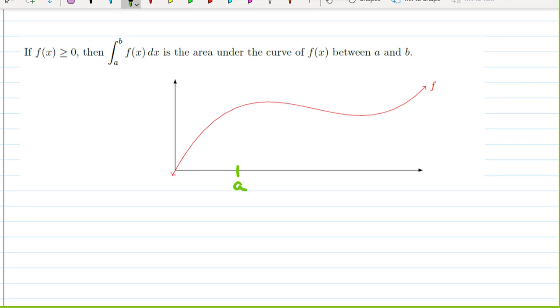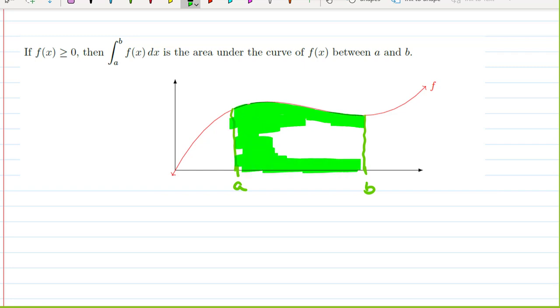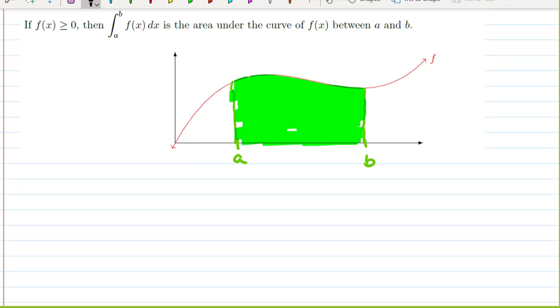So if I have a and I have b, the integral is this area beneath the curve. So this area is the definite integral.